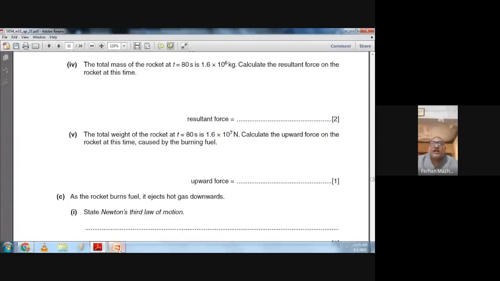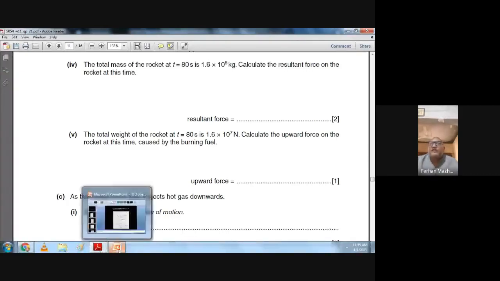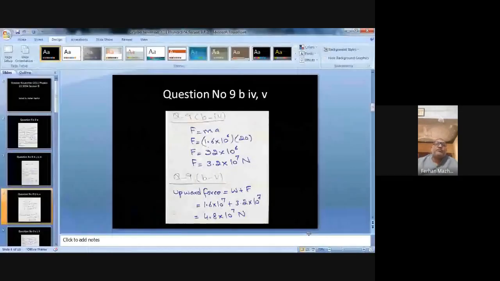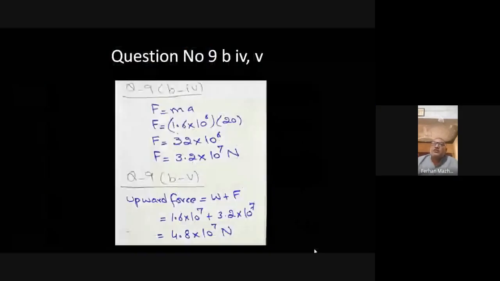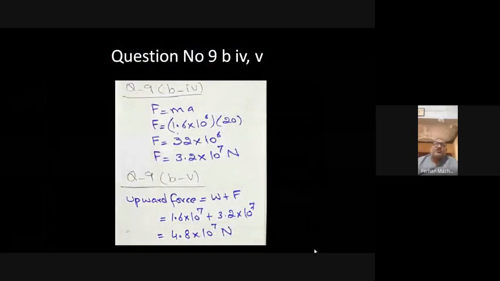I have done this on a paper. Let me show you. On your screen, it shows that the upward force should equal the weight plus the resultant force we just calculated, which is 1.6 × 10^7 plus 3.2 × 10^7.